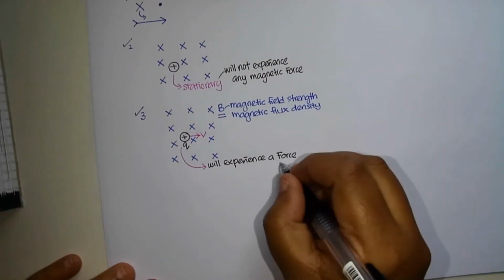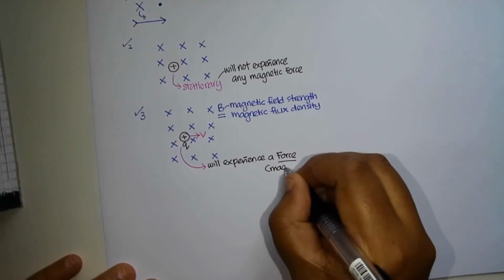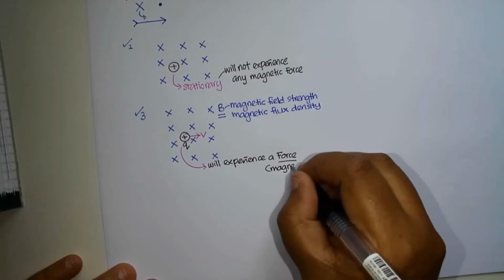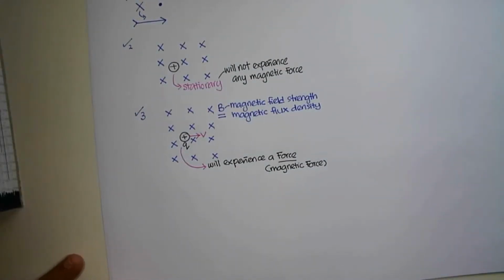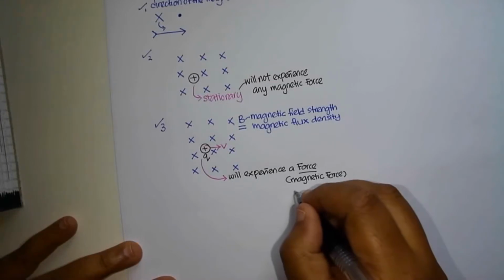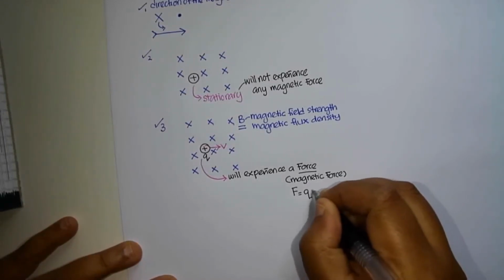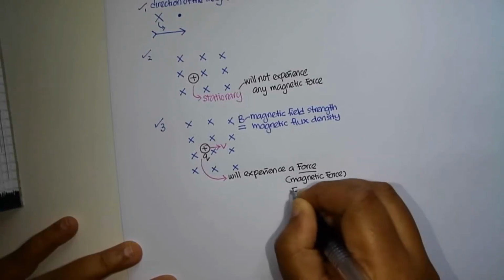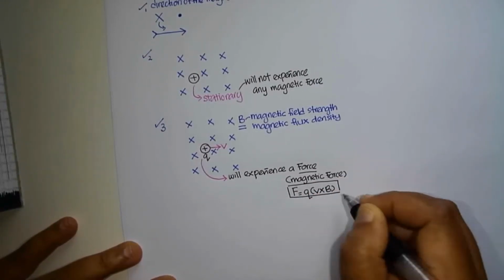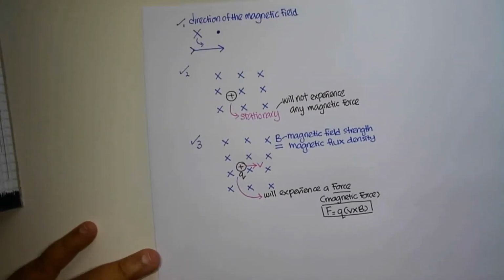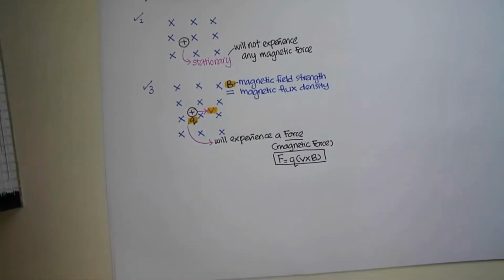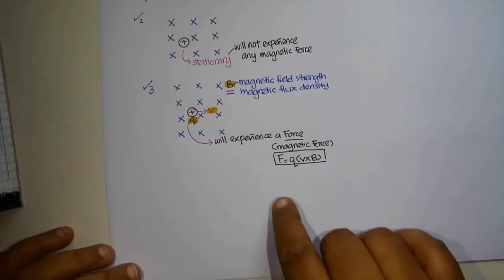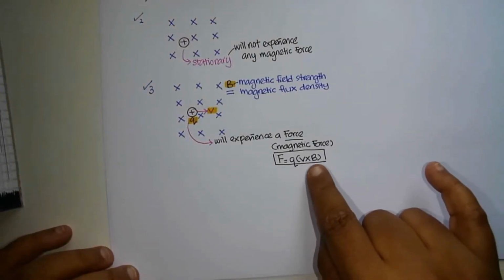And this force is called the magnetic force, where the value of the magnetic force is F equals Q cross product of v and B. So here you can see the relationship for force is with Q, v and B.